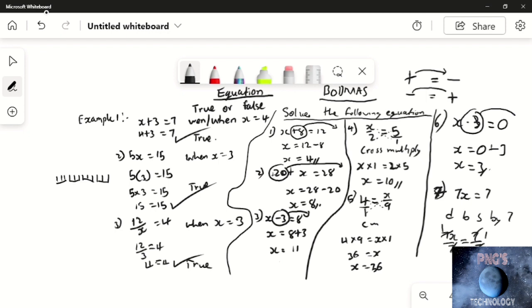So next thing we have, let's redirect it upward. 1x over 1 equals 1 over 1. 1x is x, 1 over 1 is 1.